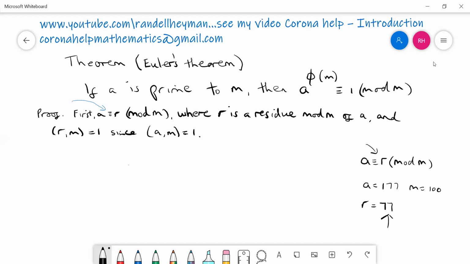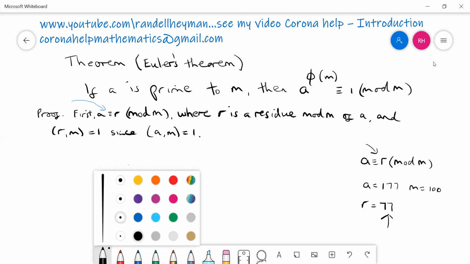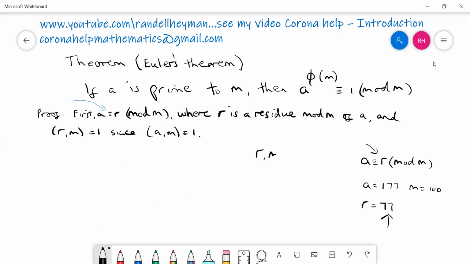Now we come to this thing. What does it mean, bracket R, M equals 1? (R, M) = 1 is exactly the same as saying GCD(R, M) = 1. People get lazy if they use GCD a lot, so they write it without the GCD.